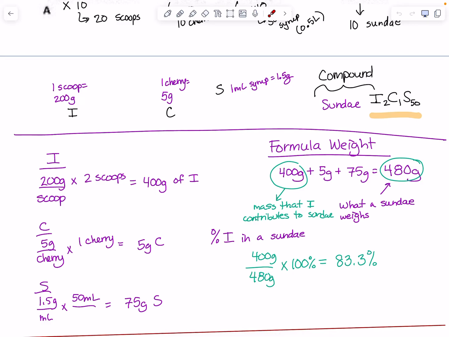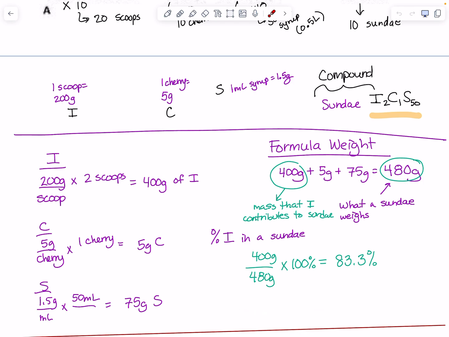Okay, so last class we were starting to talk about percent composition, and we were using an example of an ice cream sundae. We had figured out the formula weight of our ice cream sundae, and then we used that information to figure out what percentage of our ice cream sundae is ice cream.